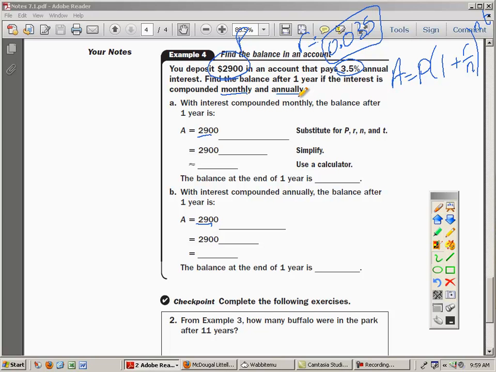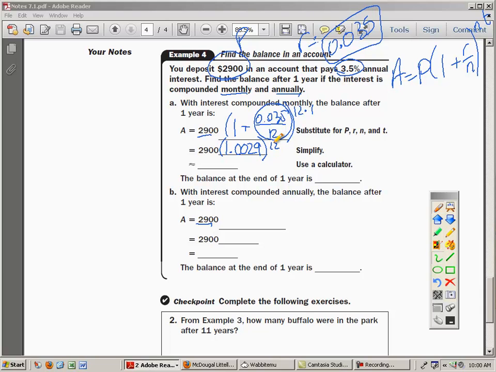All right. With interest compounded monthly, the balance after 1 year becomes 1 plus 0.035 all over 12, because we're compounding 12 times a year, raised to the 12 times 1 power. All right, so we get to this, and now we're going to simplify this 0.035 over 12. That comes out to like 0.0029, and so inside the parentheses we have 1.0029 all raised to the 12 times 1, which is 12.